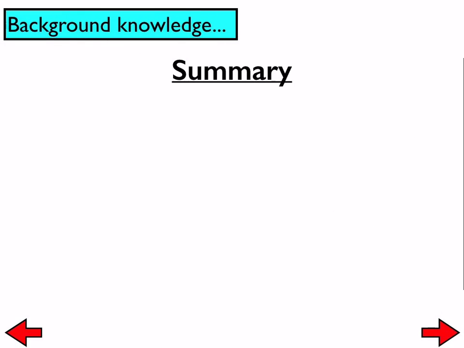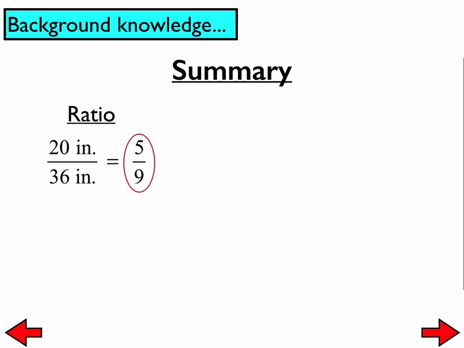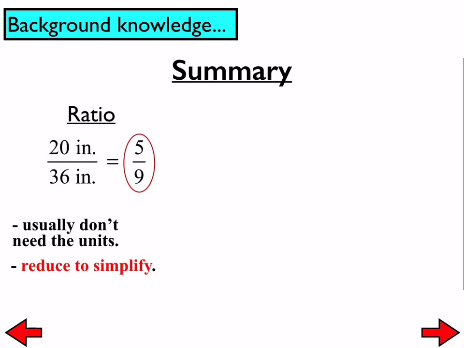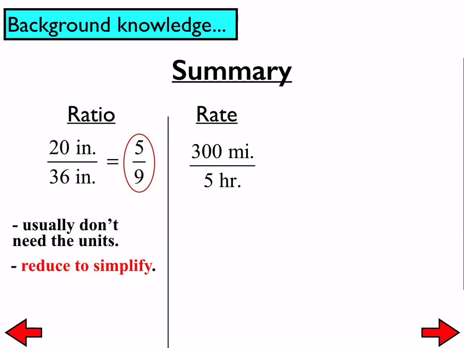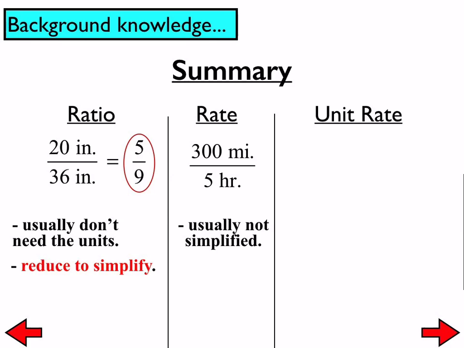And then the last couple of days we've been comparing the difference between a ratio, a rate, and a unit rate. For ratios, we typically reduce to simplify, and we don't need the units. When we have a rate, which is a form of a ratio, we have to include units like 300 miles for 5 hours, and that's usually not simplified, because when it is simplified, it's now a unit rate.